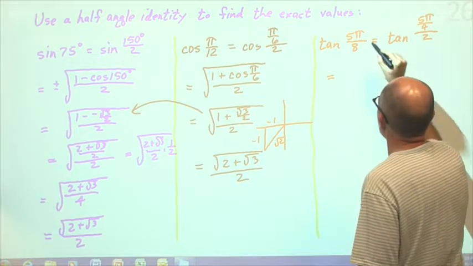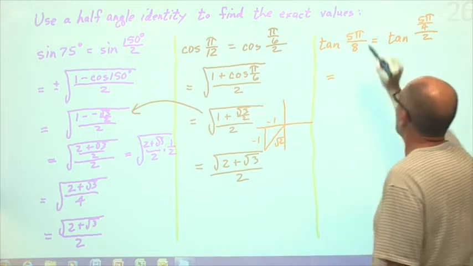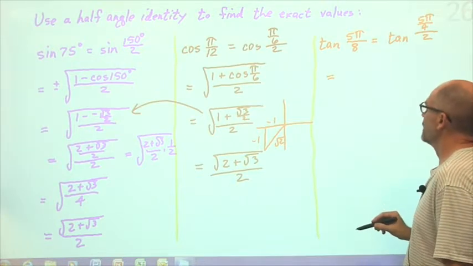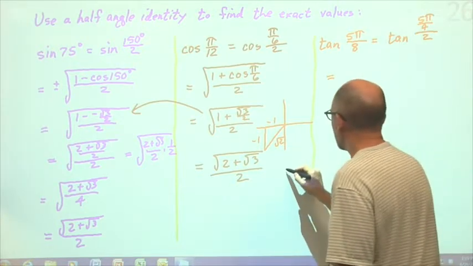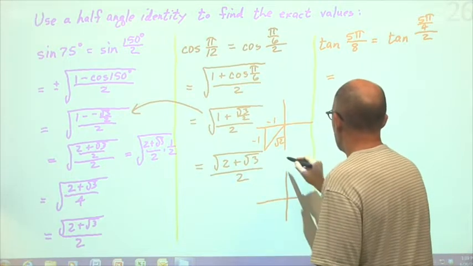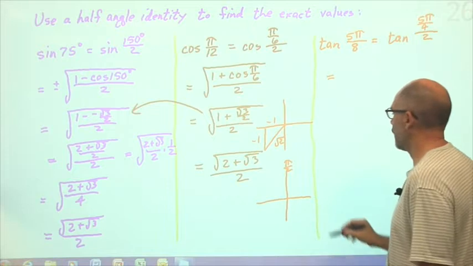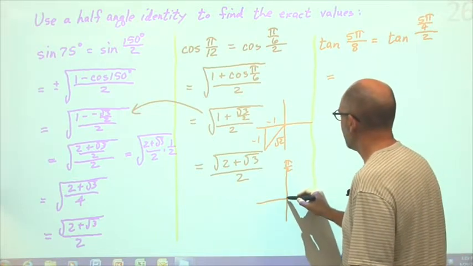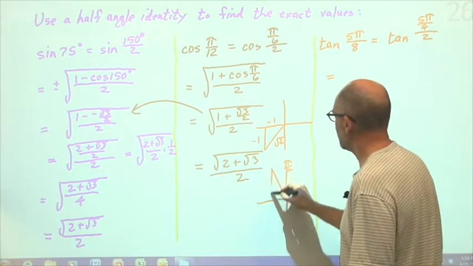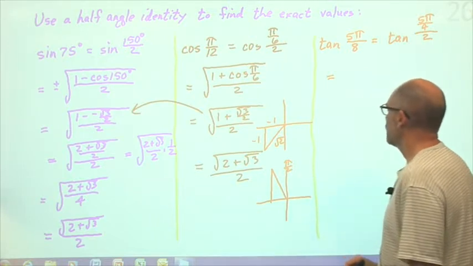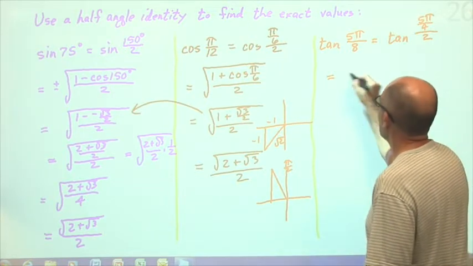now once again it's plus or minus, but where is 5 pi over 8? Well, 5 pi over 8, notice pi over 2 is 4 pi over 8. So 5 pi over 8 would be in the second quadrant. So we know that is going to be negative.